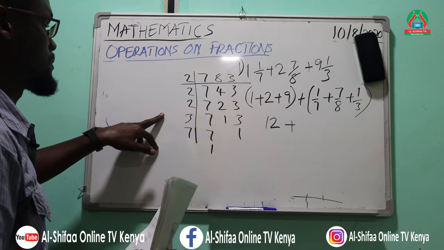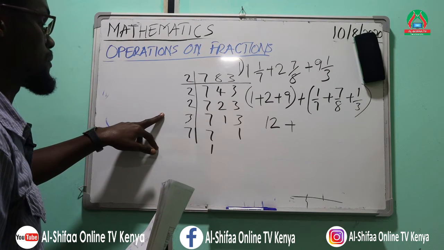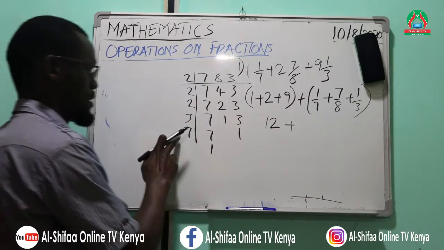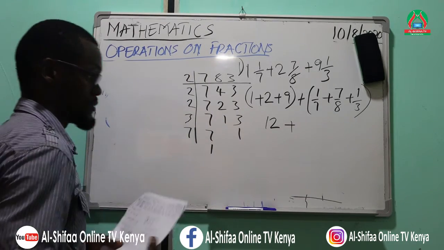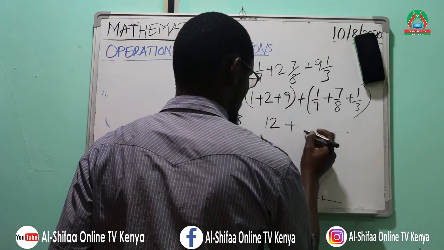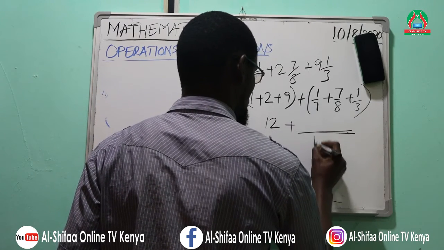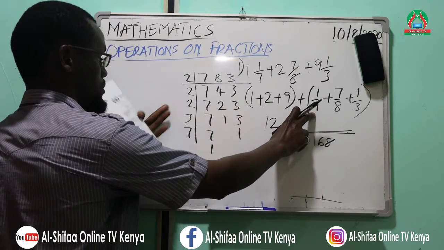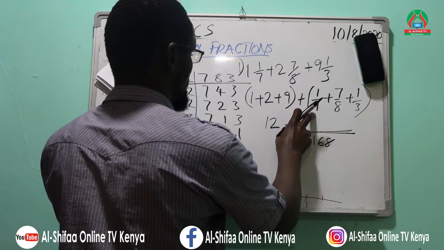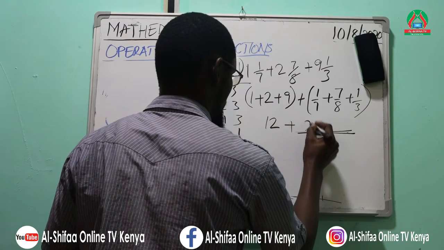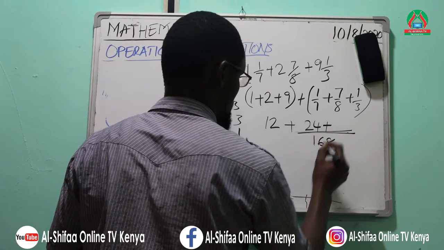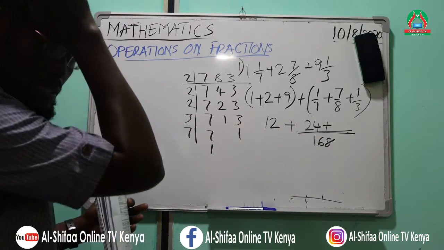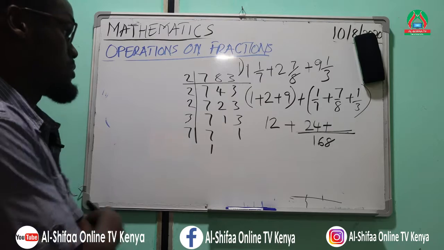So 21 times 8, we get 168. Divided by 7, we get 24, plus, when you divide it by 8, you'll get 21 times 7, you'll get 147.